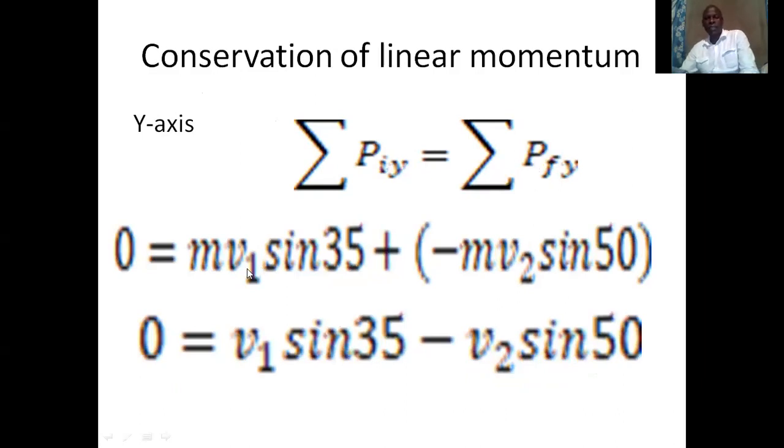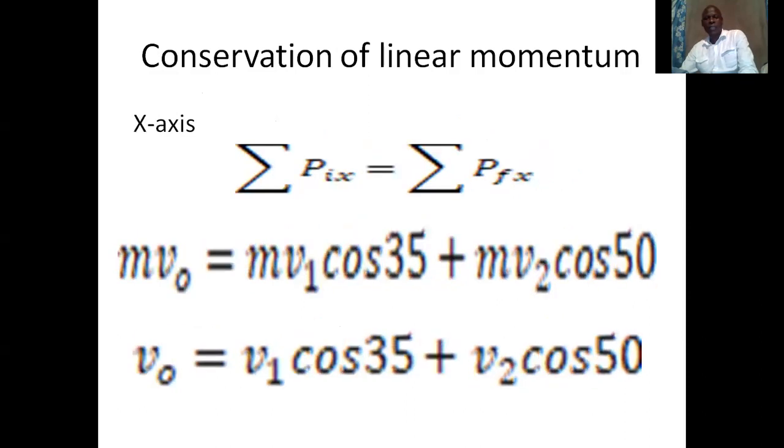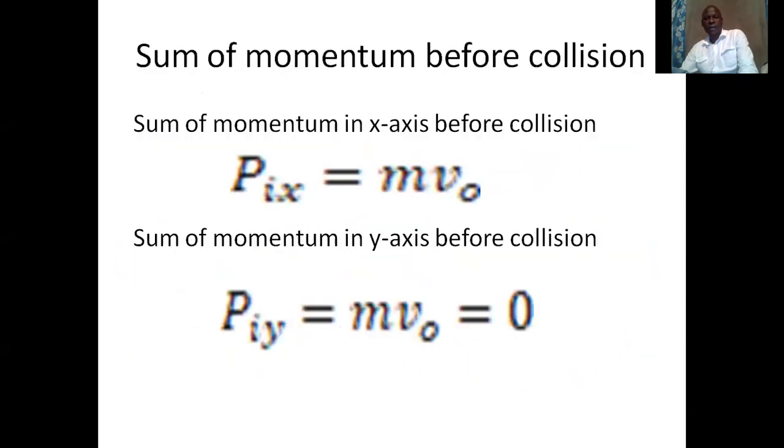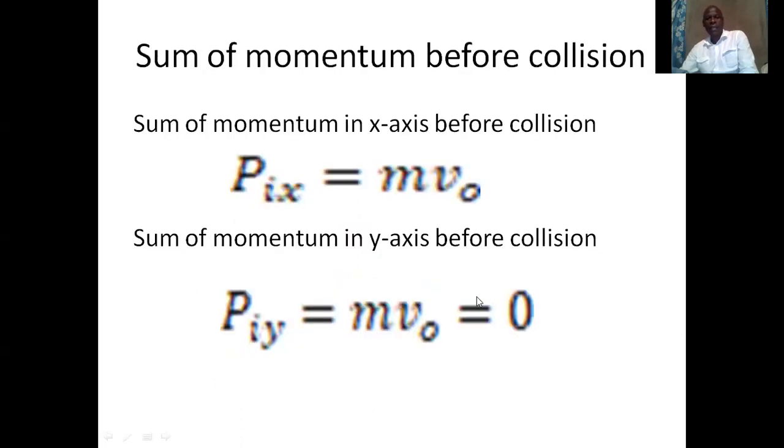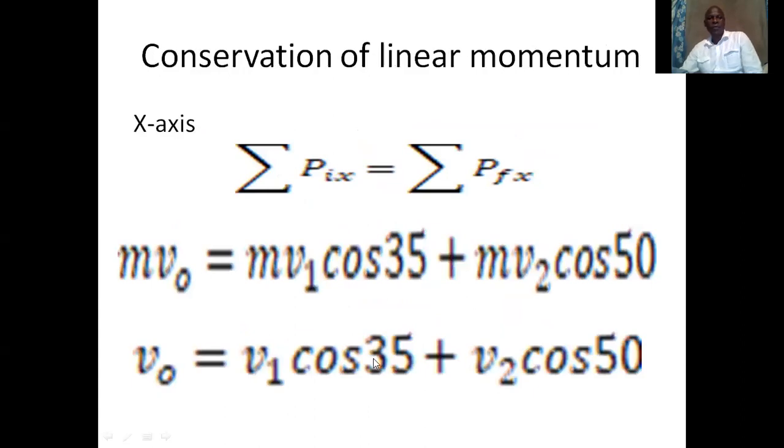And you notice that before the collision, there is no momentum in the y-axis. For the first mass as well as the second mass, they do not have momentum in the y-axis, and therefore that one will be 0.